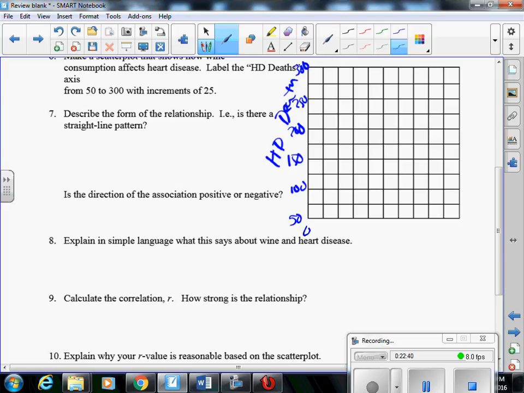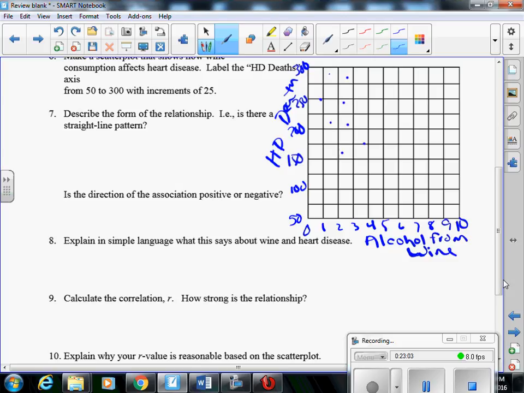And then the amount of alcohol is 0, 1, 2, 3, 4, 5, 6, 7, 8, 9, 10. And this is alcohol for wine, liters, I guess, technically.